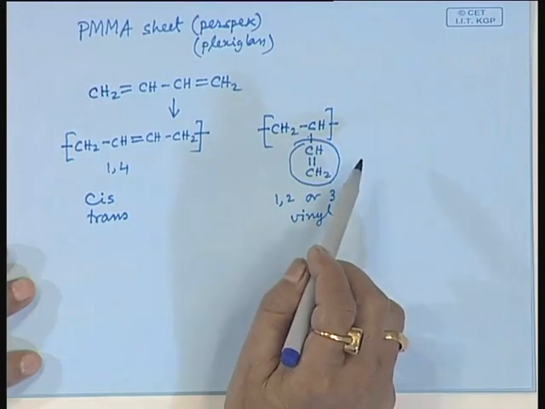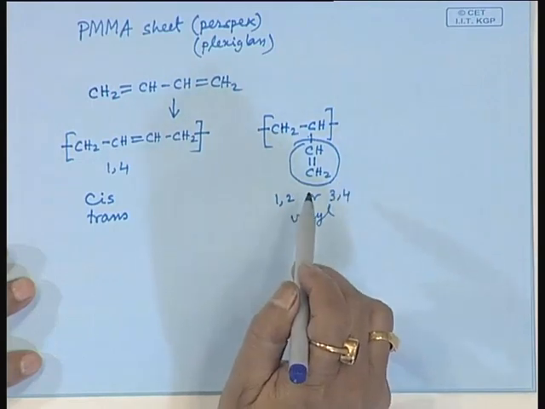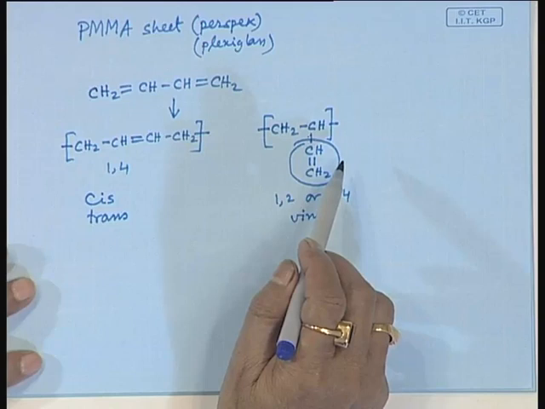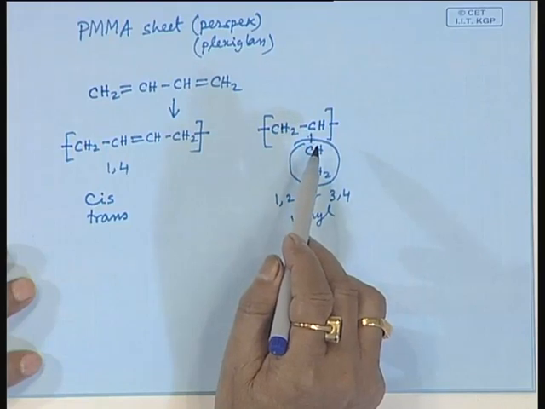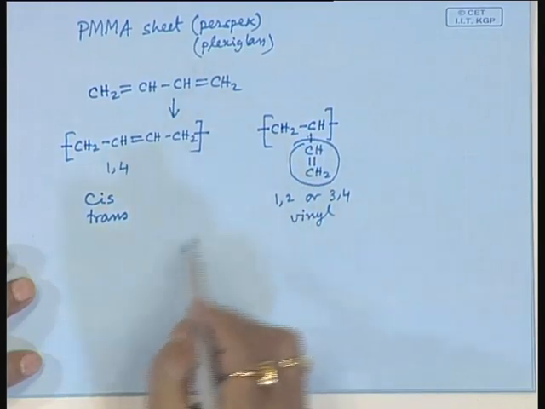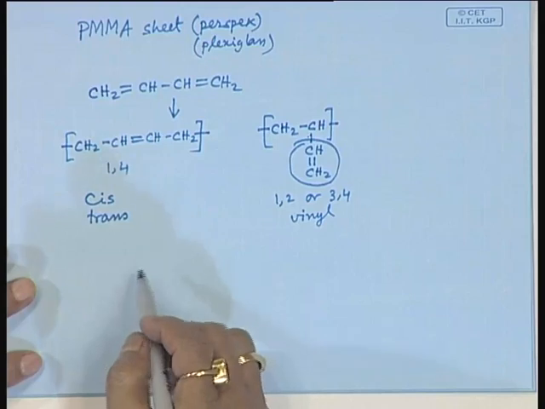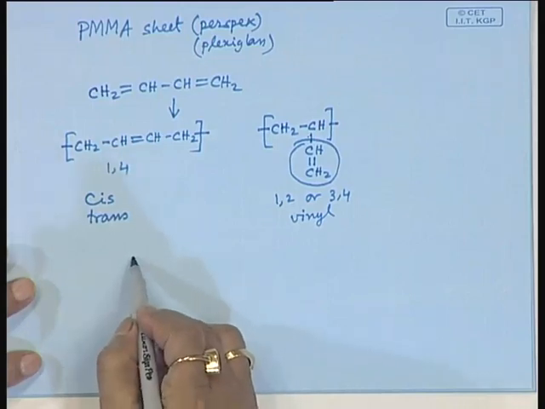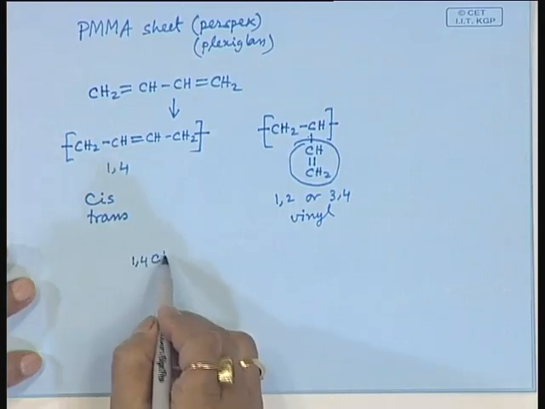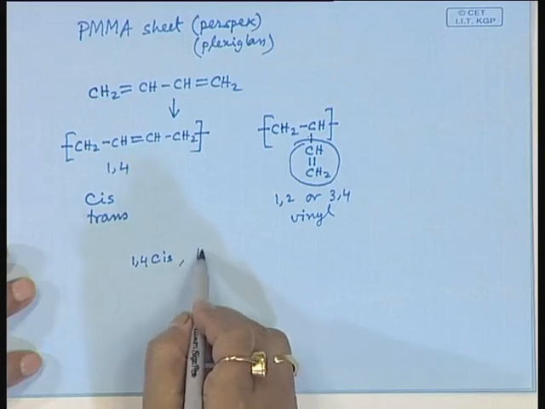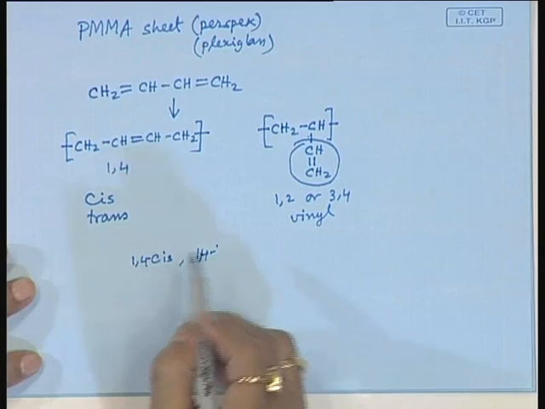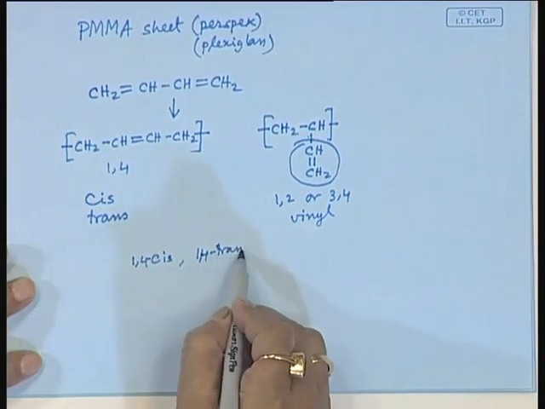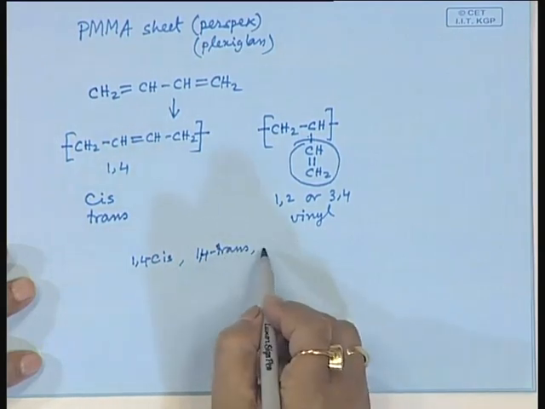So, in one batch of polymerization, in one event of polymerization, you can have a polymer product which can be a mixture of 1,4-cis, 1,4-trans, as well as vinyl.